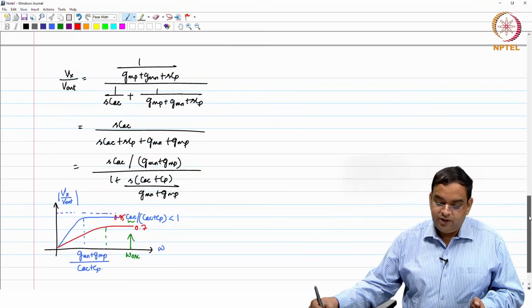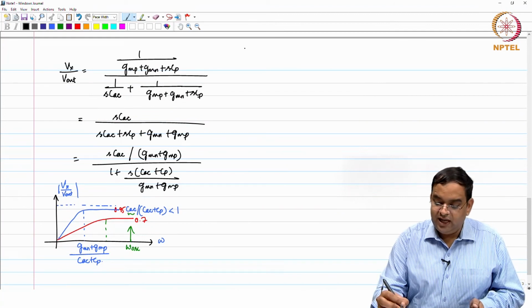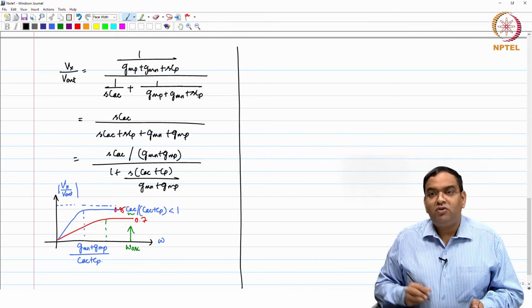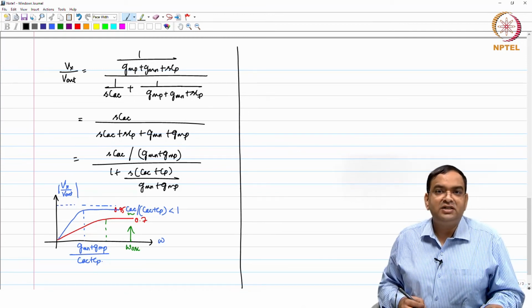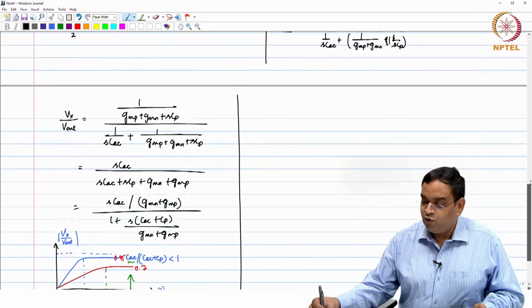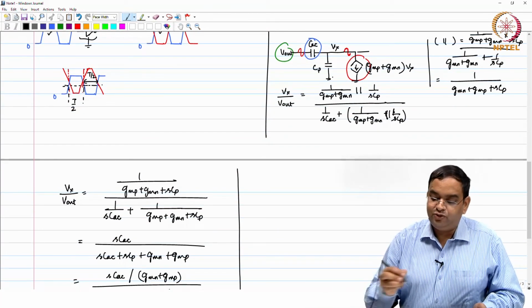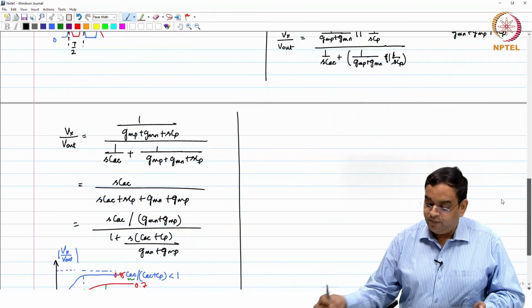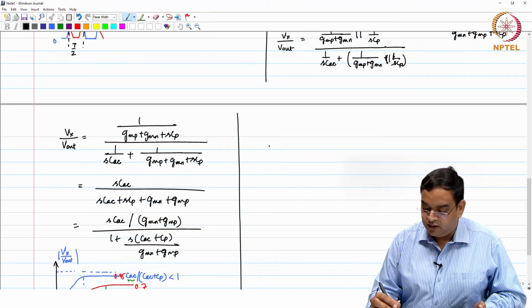Then you can ask a question: if a large CAC is something which we require, then why do I go and calculate it? I will just use a large capacitor, much larger than CP. Well, if you do that, let us say you choose a much larger capacitor, the problem is not the amplitude, the problem will be your actual frequency itself.